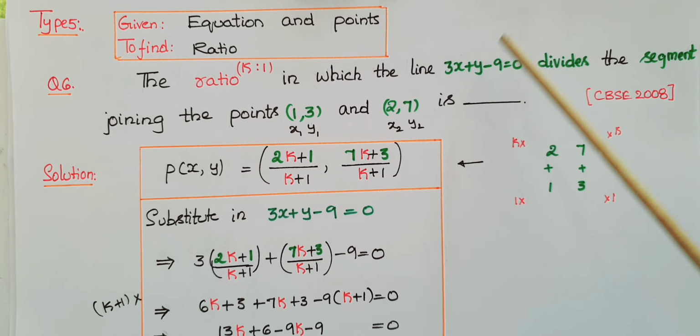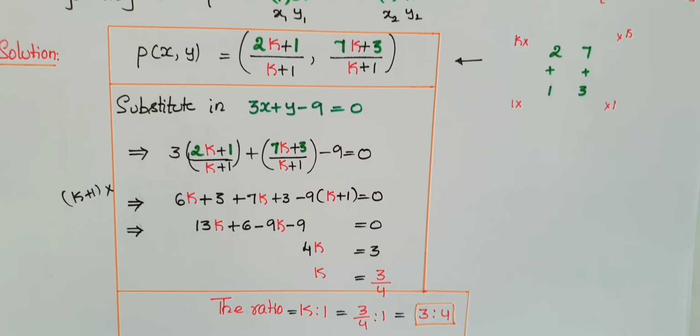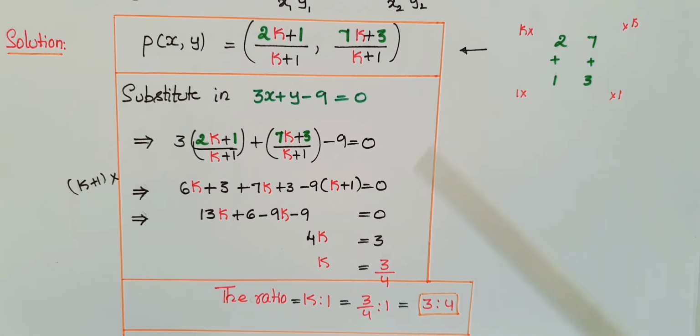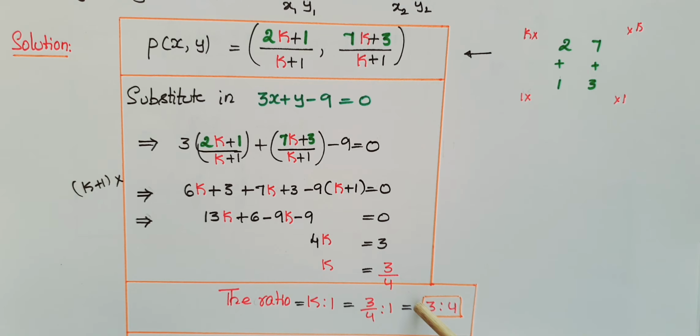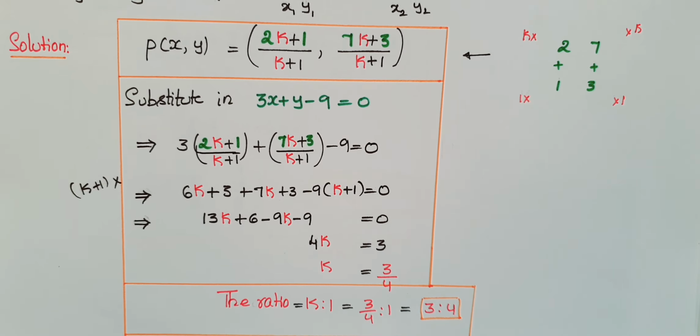So substitute these coordinates in this line, then you will get 3 into, here x coordinate is (2k plus 1) by (k plus 1) plus y coordinate is (7k plus 3) by (k plus 1) minus 9 is equal to 0. Then multiply this equation with (k plus 1), then you can remove the denominators, and you multiply the 9 also with (k plus 1), that is equal to 0. Then you will get k is equal to 3 by 4. Therefore, the ratio is k:1, that is 3/4:1, that is equal to, if you multiply this ratio with 4, then you will get 3:4.